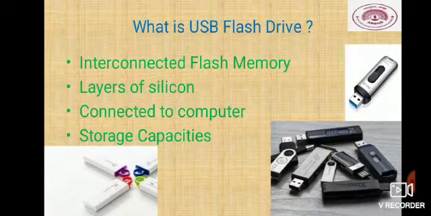In the flash drive, data is written on an interconnected flash memory, typically made out of silicon. This data is stored in floating gate transistors as electrical charge and makes the data last for a long time. With adding layers of silicon, higher data densities can be achieved.